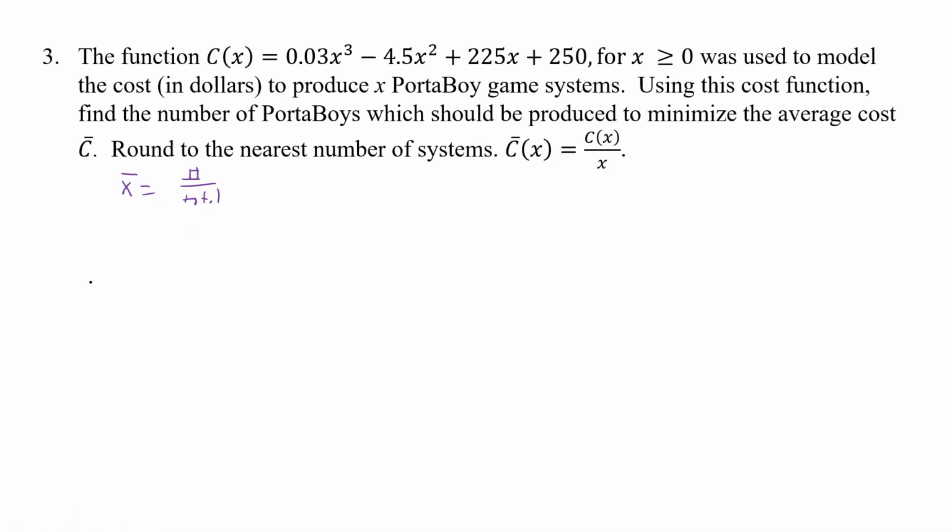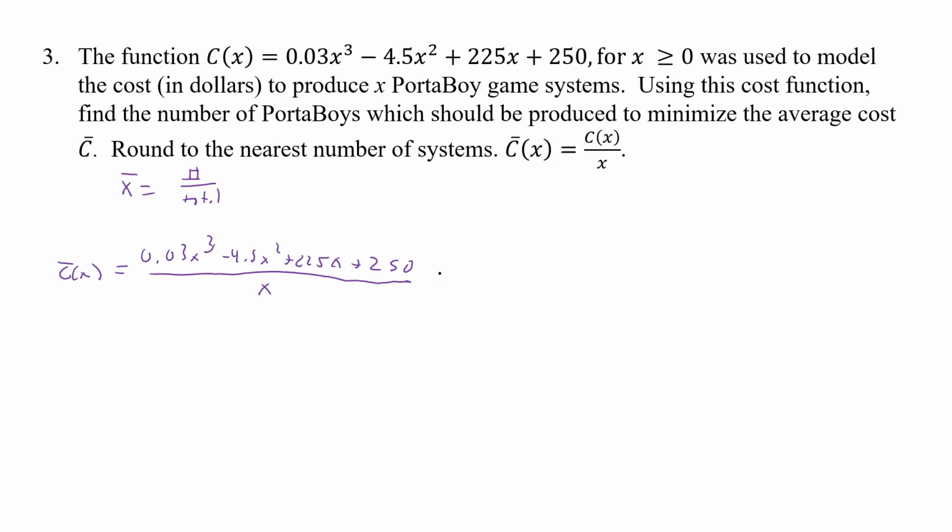So what do we need to do here? Well, think about how we got to C bar. We're taking C of x, which is 0.03x cubed minus 4.5x squared plus 225x plus 250, and dividing that by x, and that's going to give us C bar of x.